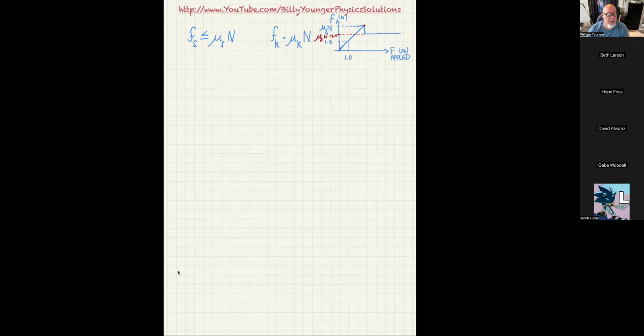As I said, there is a table, table 5.1, with some examples of coefficients of friction. Wood on wood has a static coefficient of friction of 0.4, but a kinetic coefficient of only 0.2. Ice on ice has a static coefficient of friction of less than 0.1, but ice sliding on ice, and notice I said sliding because I'm talking about kinetic friction, has a coefficient of 0.03.